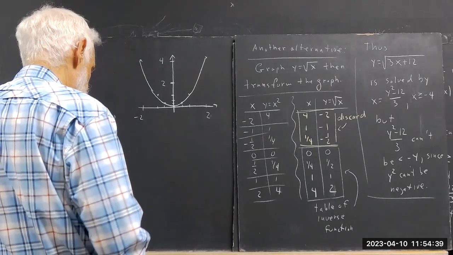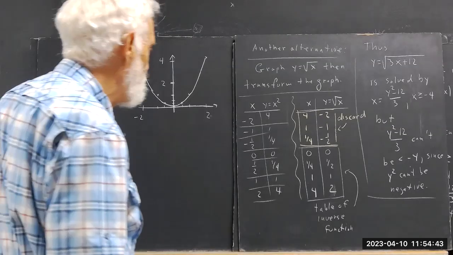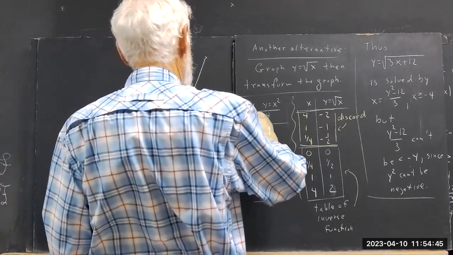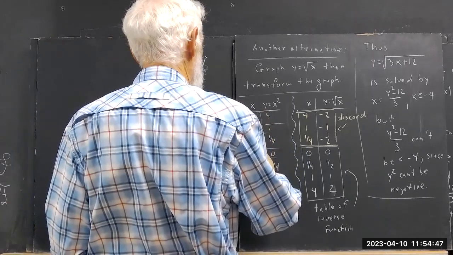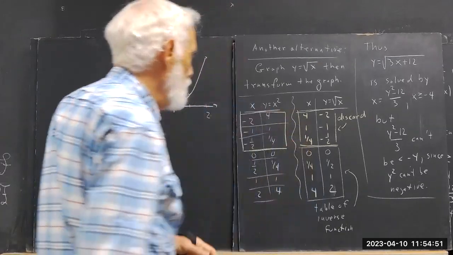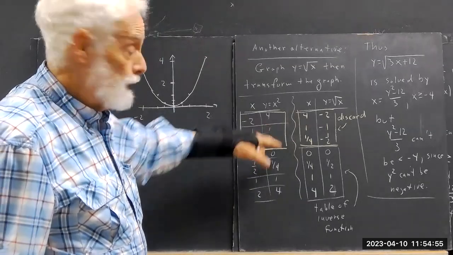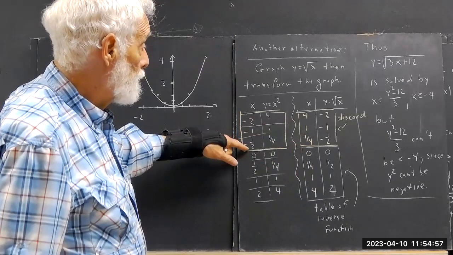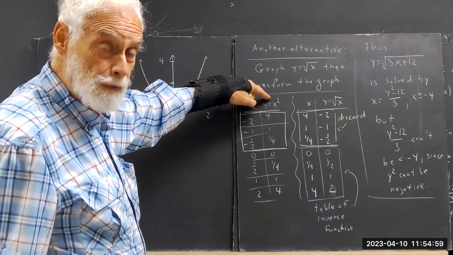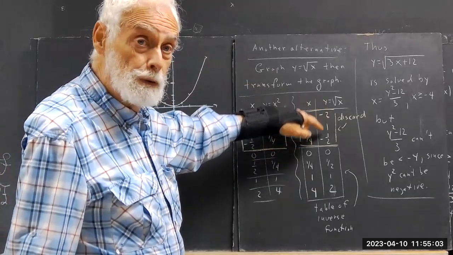Now what I'm going to do is use yellow chalk to indicate these 3 points of the x squared graph that don't correspond to points of the square root graph.